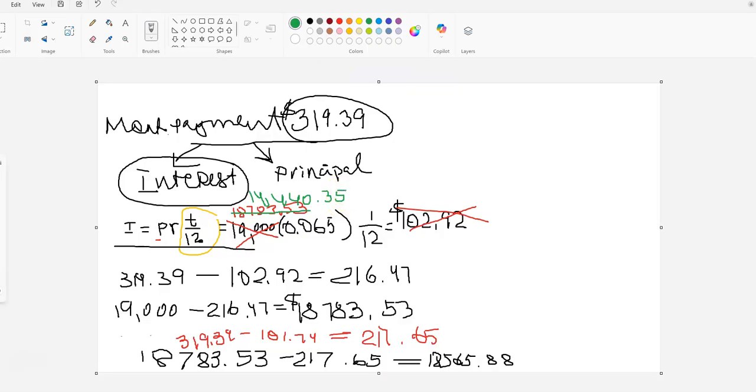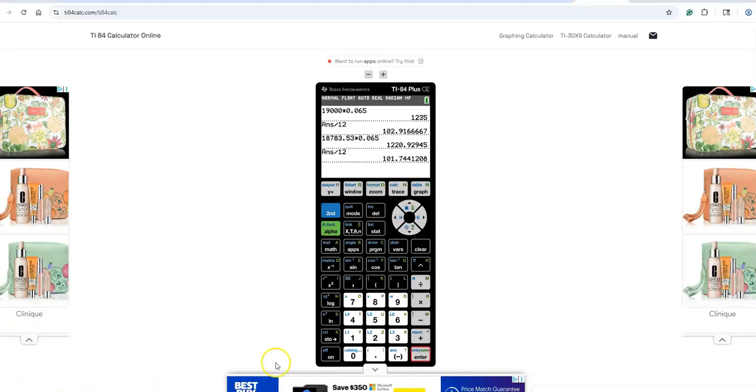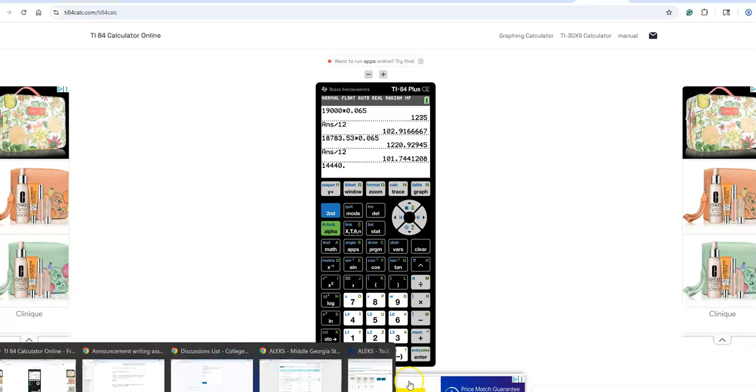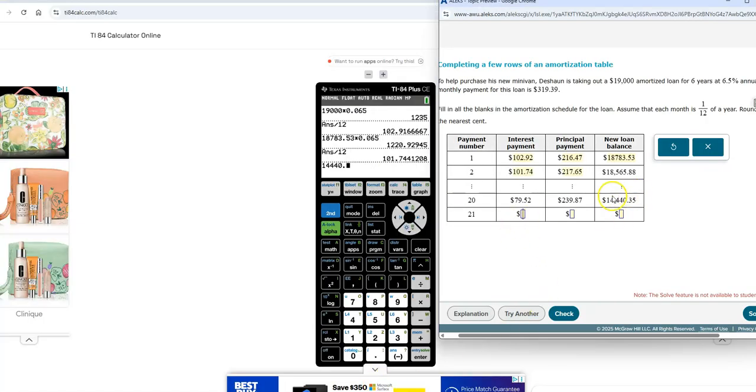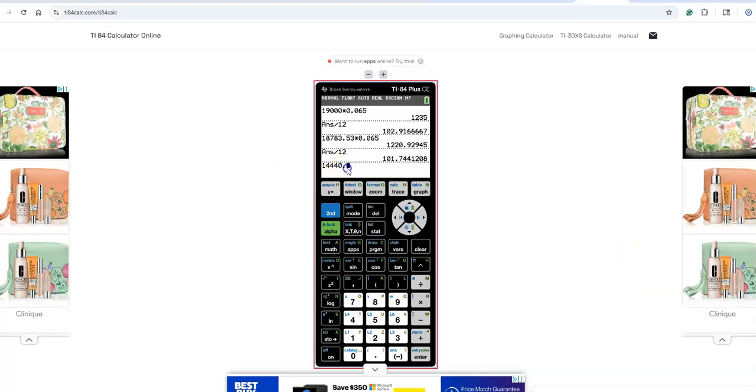Let's calculate the interest. And for that, we will multiply 14,440.35. We need to be very careful and enter everything to the cent because otherwise it won't work. So you see 14,440.35, so we need to enter 35 cents.